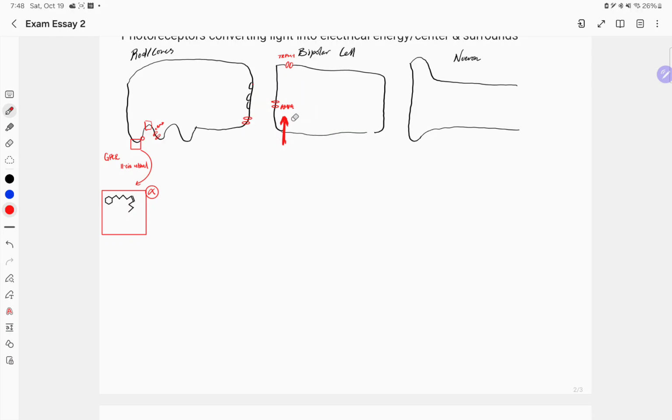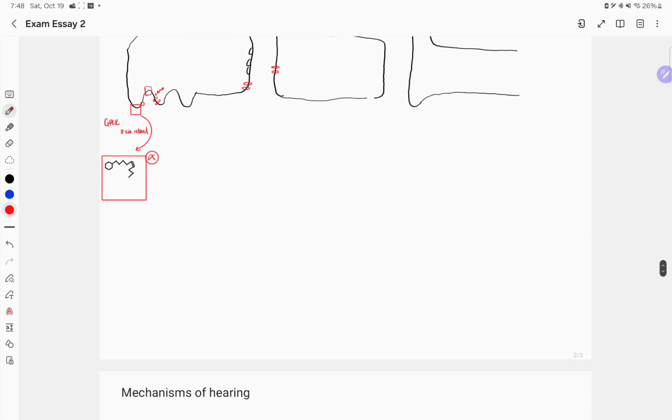So let me illustrate this a little bit differently for you. Okay, let's say I'm going to draw kind of like these three rectangles.